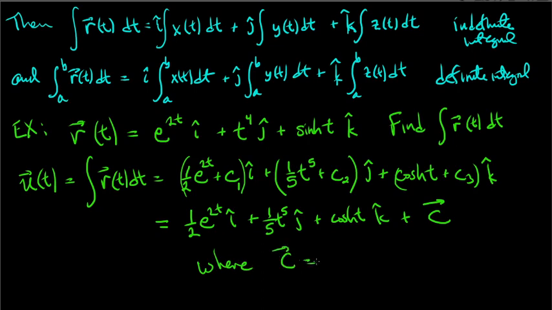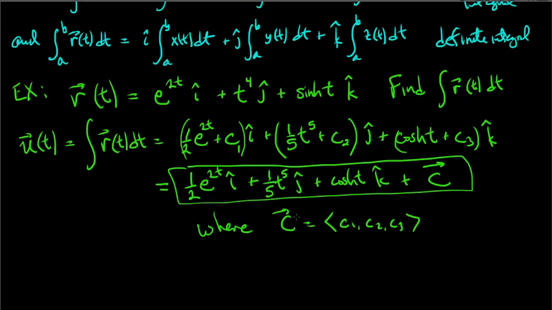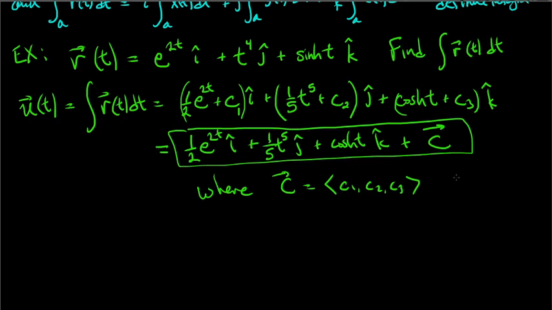By the vector c, I mean the vector with components c1, c2, and c3. So you can always do that. You don't have to put the c's under the individual components unless you want to, but not necessary.